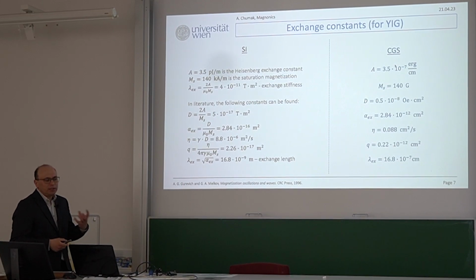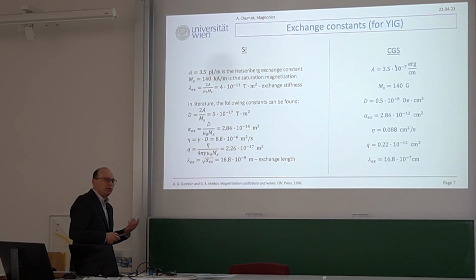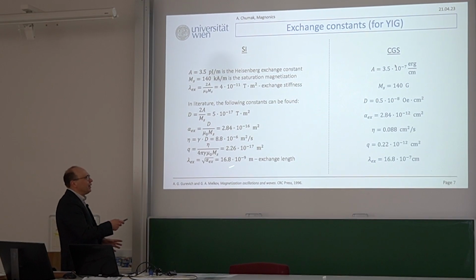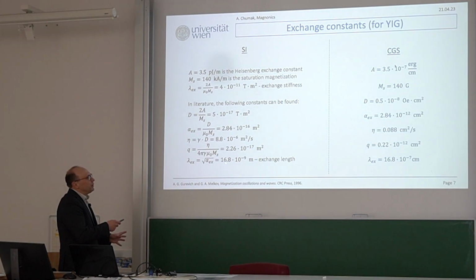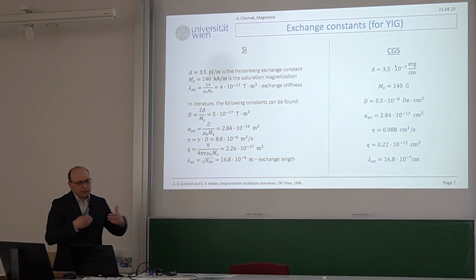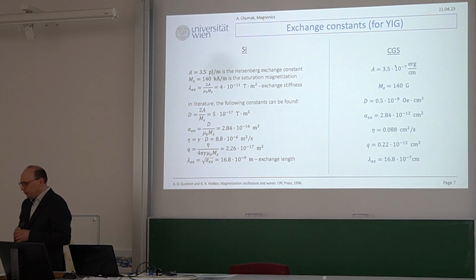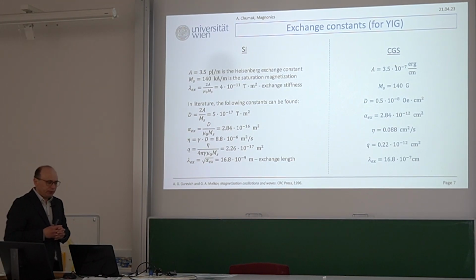So yttrium iron garnet has a very large lattice constant, 1.2 nanometers, and for exchange length, again, you can find formulas where it will be 2 pi smaller, or pi smaller. But we believe the most correct is this one, so around 16 nanometers. And that's a distance which you have to keep in mind when you want to describe exchange spin waves.